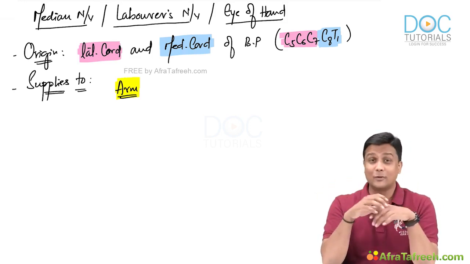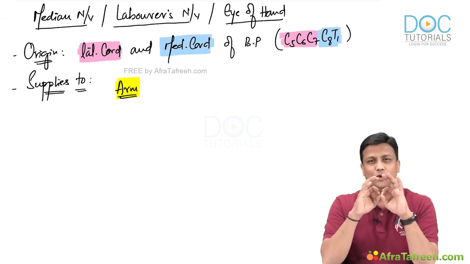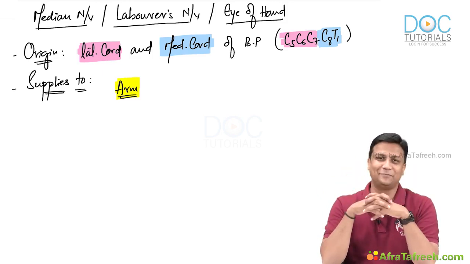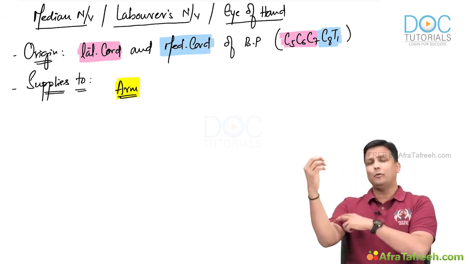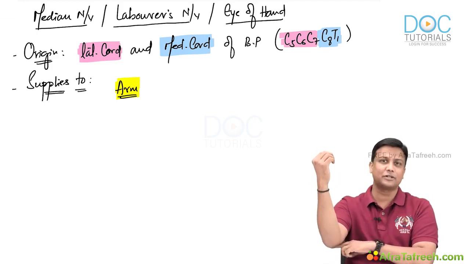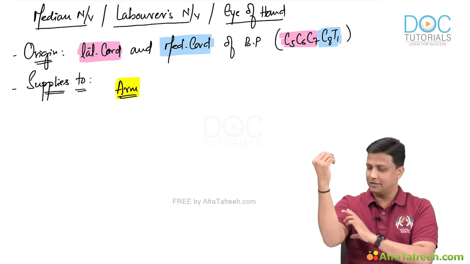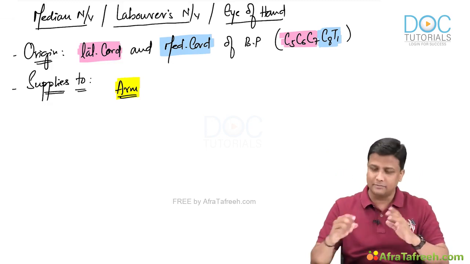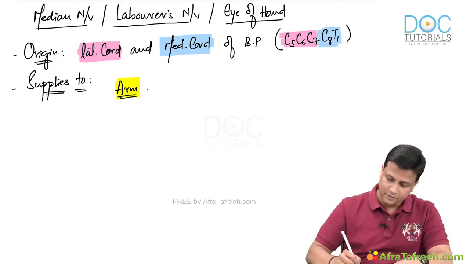Try to recall our golden rule. It is not supplying any muscles in the arm. Why? Because in the arm, all the muscles in the anterior compartment are supplied by the musculocutaneous nerve, and all the muscles in the posterior compartment by the radial nerve. Therefore, the median nerve is not supplying any muscles in the arm.